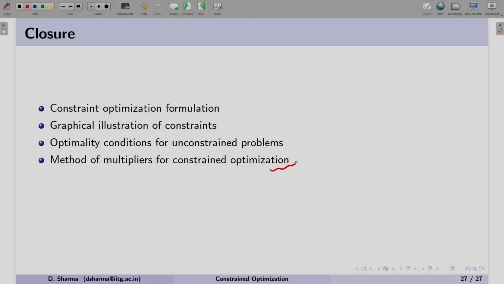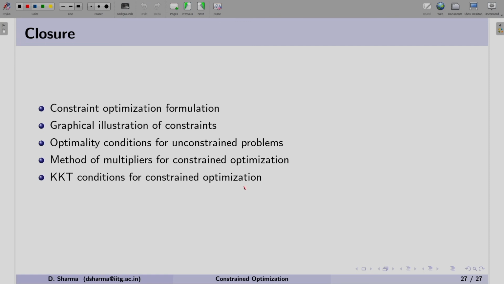What we understood from this method is that a constrained problem can be converted into an unconstrained problem, and the optimality condition of the unconstrained problem can be used here to find whether the point is optimal or not.